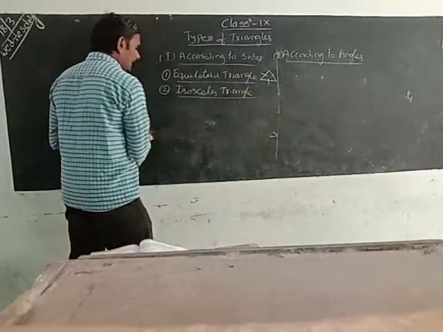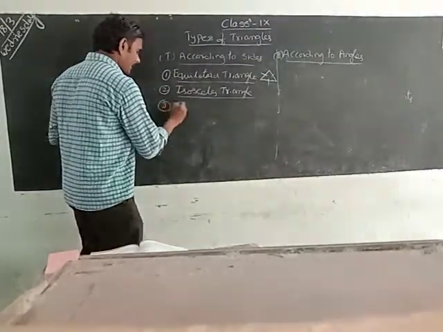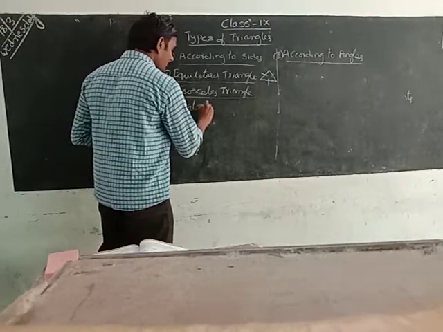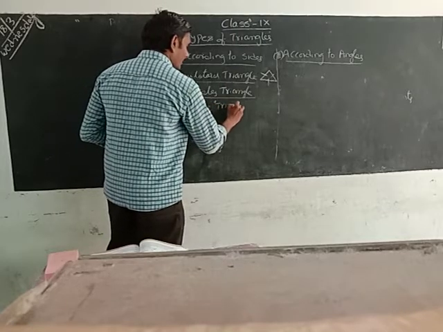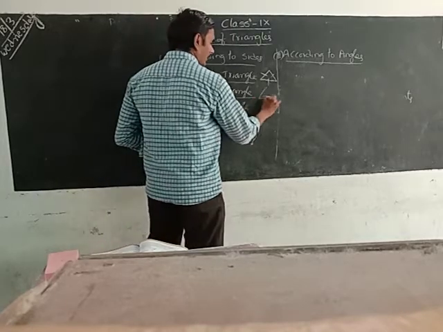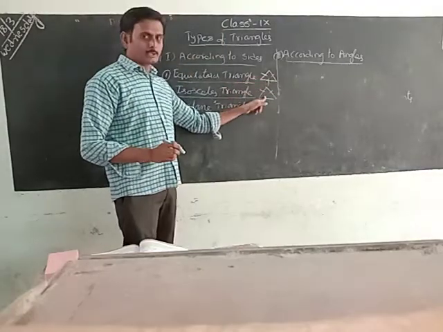The third one is the scalene triangle. What is meant by scalene triangle? We can say it very easily. First is three sides equal, second is two sides equal.